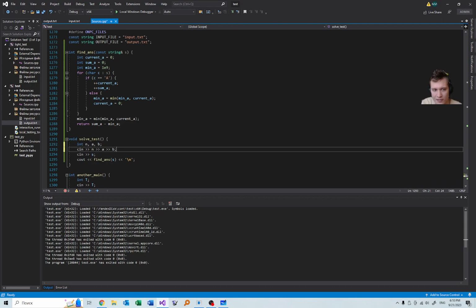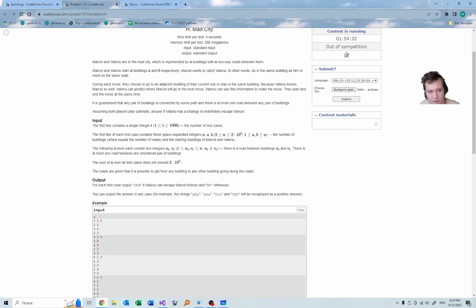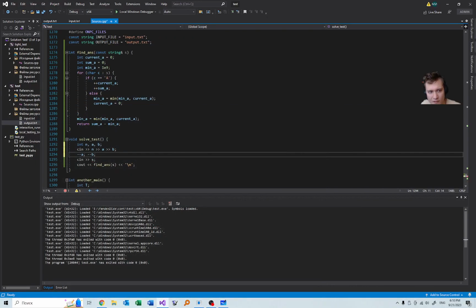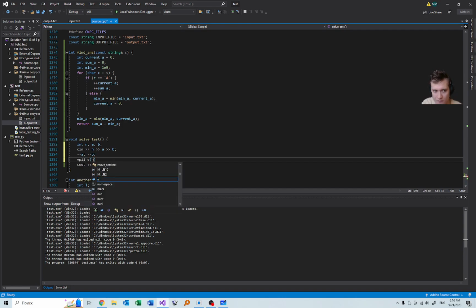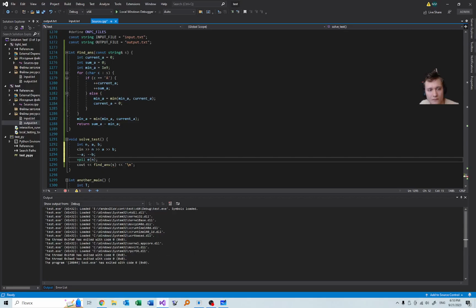We immediately decrement A and B because we want 0 indexed numbers. Then we read the graph. Actually there are n roads between them. And n roads means that there is only one cycle.